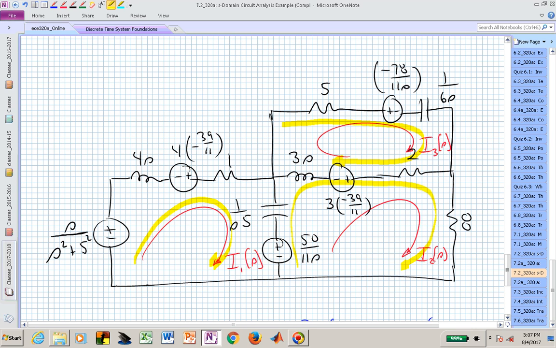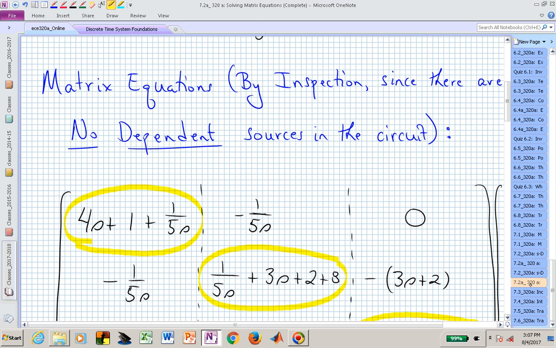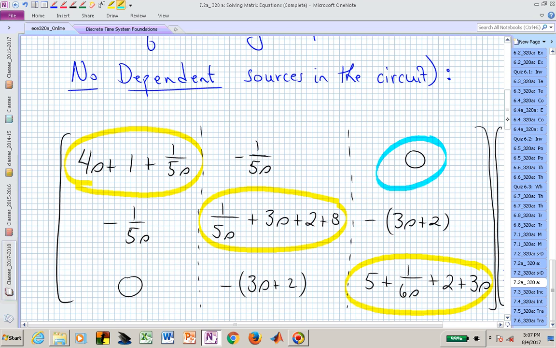And there are no impedances shared, so we'll have zeros in the entries associated with the first mesh and the third mesh, or element location 1, 3, and 3, 1 in our Z matrix. That's now this 0 and that 0, because I1 and I3 did not have any shared impedance values.